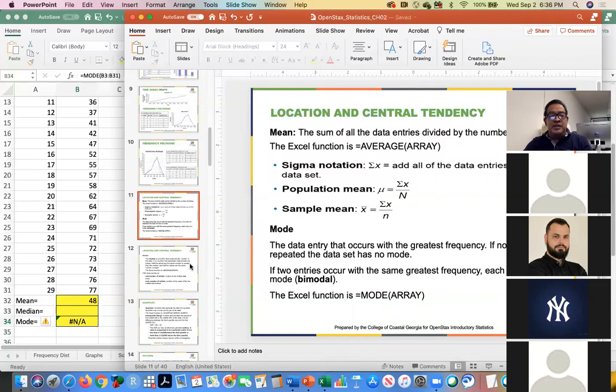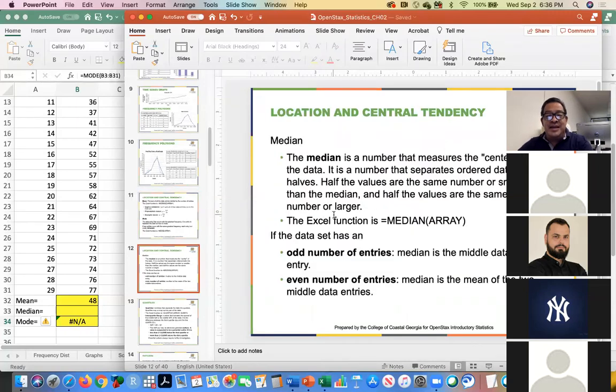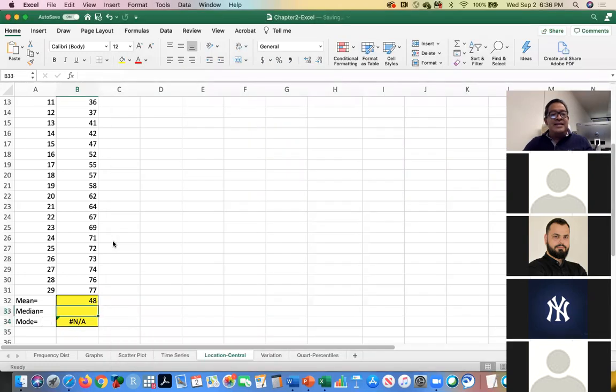So also, we have the median. You can do it by hand, and as far as I can tell you, you get a very quick result using Excel. The median is a number that measures the center of the data. For example, as we can see, 48 is the mean value. But if I divide this, how many do we have?